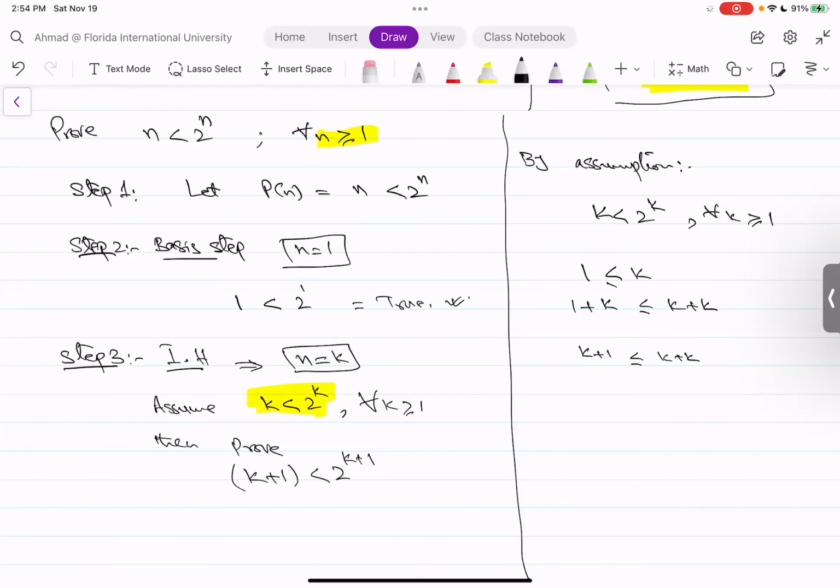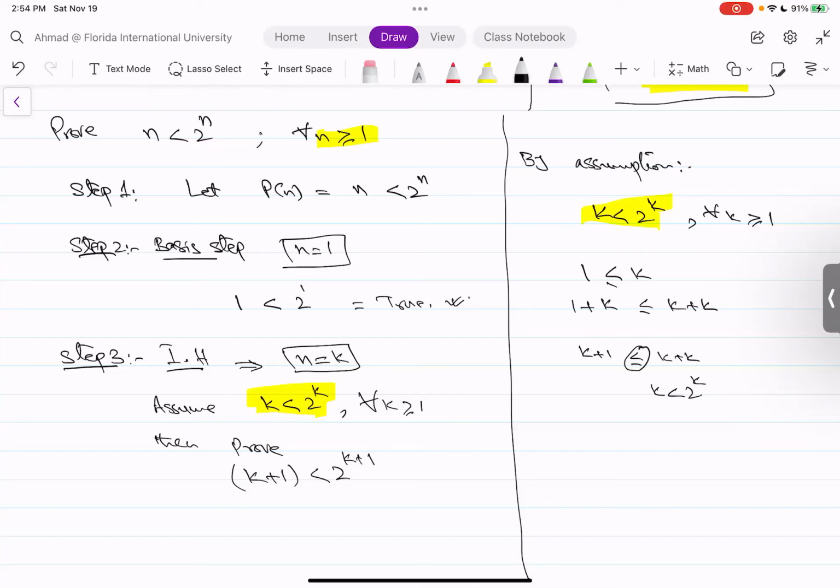So I can basically substitute 2 power k instead of k.